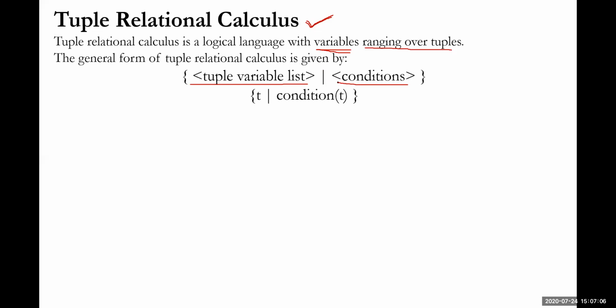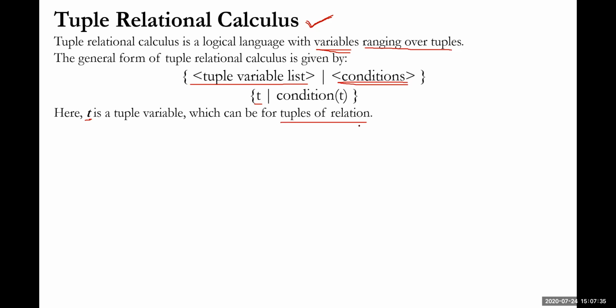Whatever the condition is, you have to specify it. So it could be mentioned as T such that condition of T. This T will be the total tuple. If any tuple satisfies this condition, only those tuples will be displayed. T, a tuple variable, represents all tuples in the relation.